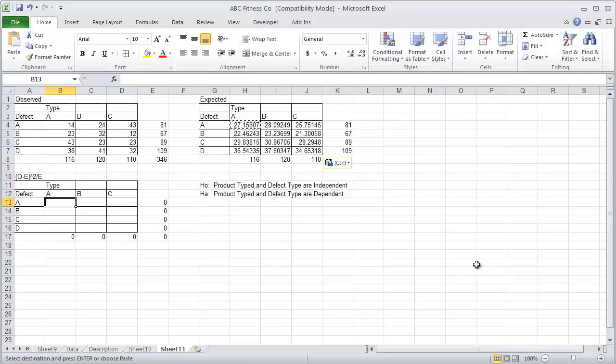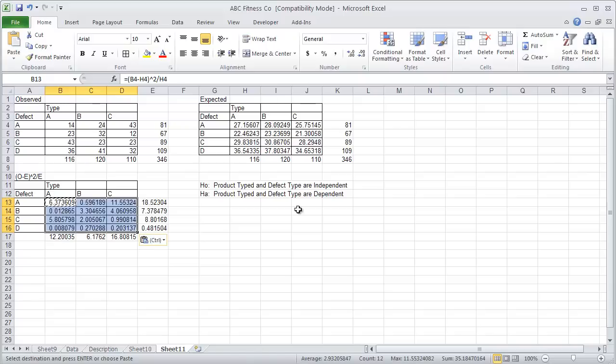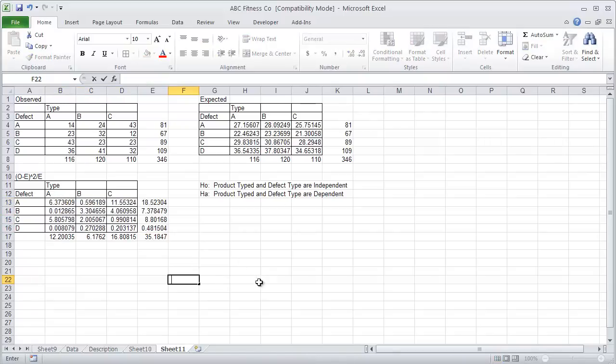Then if we're going to go next here, we're going to say that it is my parentheses observed minus expected parentheses squared divided by my expected value. Because I want this to be able to move, I can copy these all the way across.